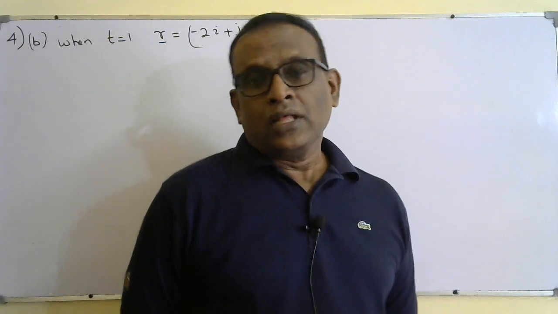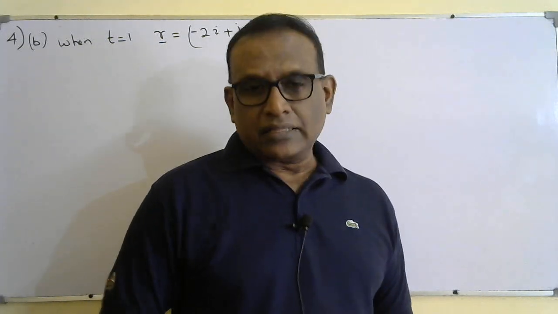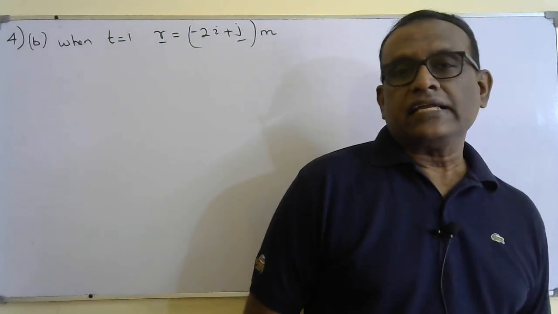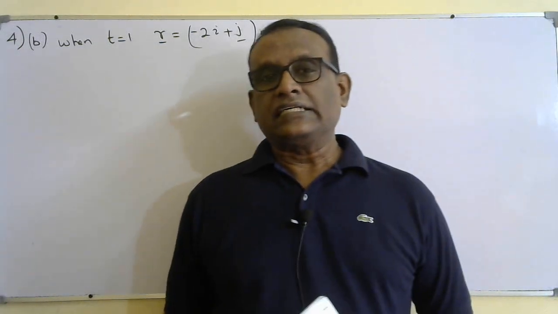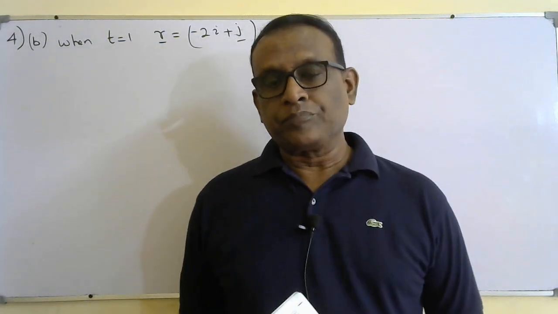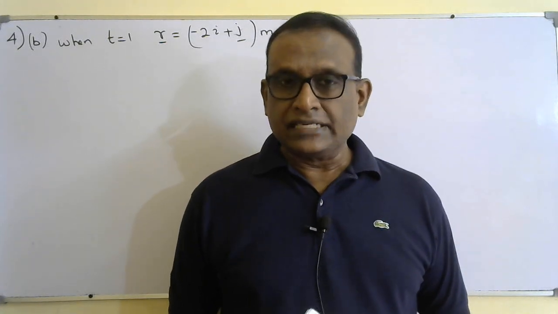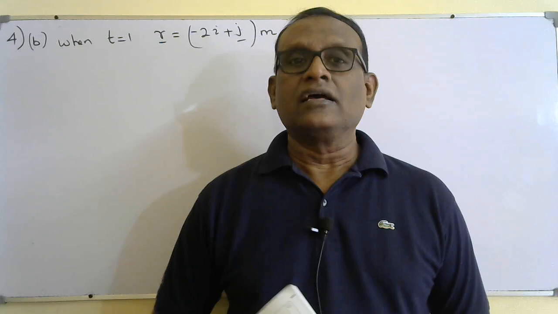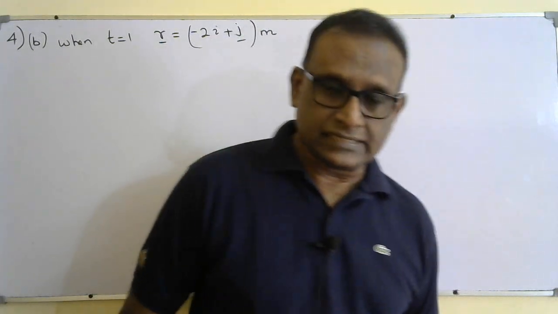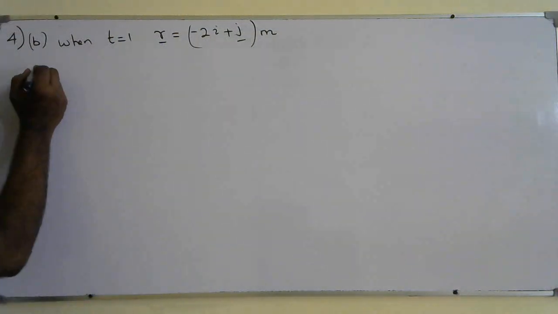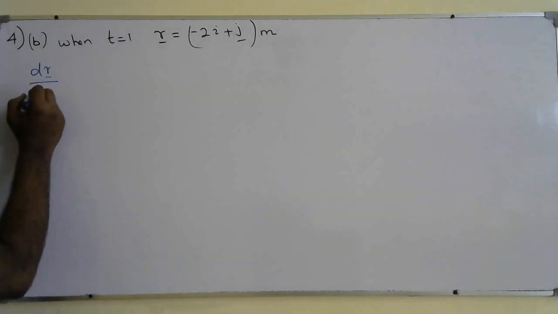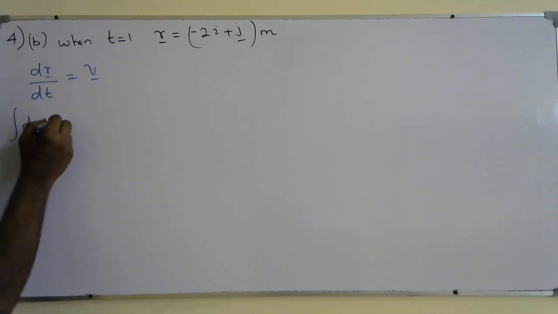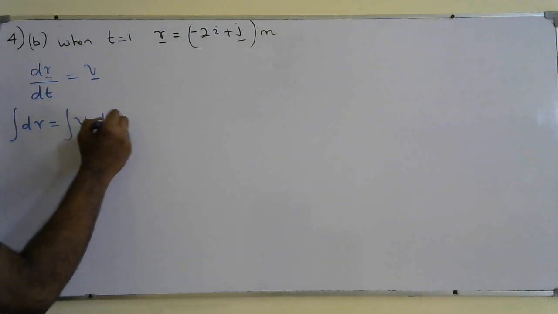The idea here, as I already told you in previous papers too: when you differentiate a velocity vector, you get the acceleration vector. When you differentiate the position vector, you get the velocity vector. The other way, when you integrate the velocity vector, you get the position vector. So dr over dt is the velocity vector, and the integral of dr is the integral of v dt.